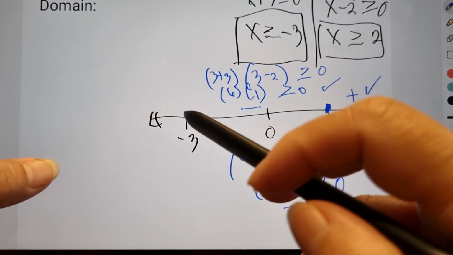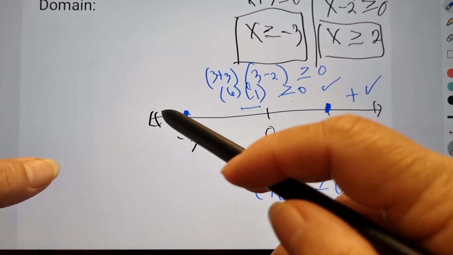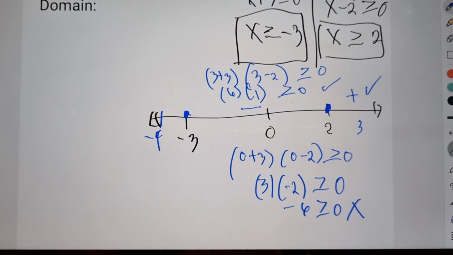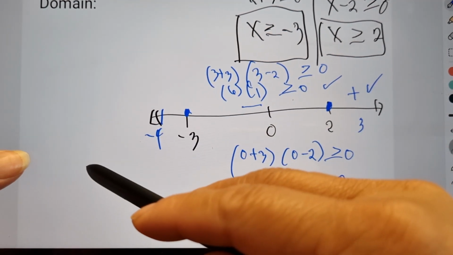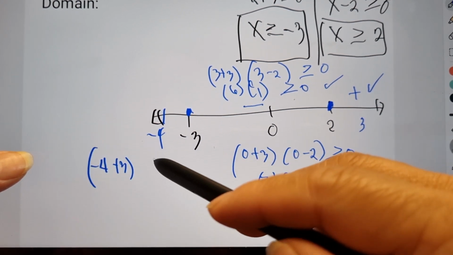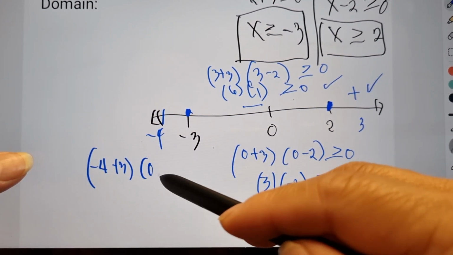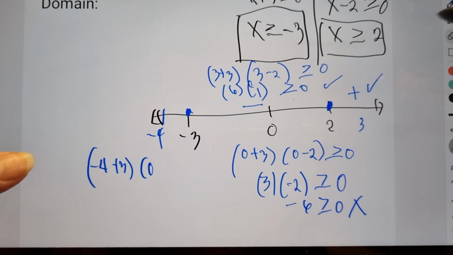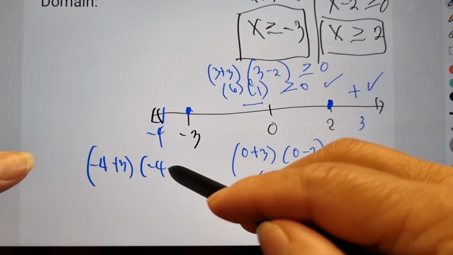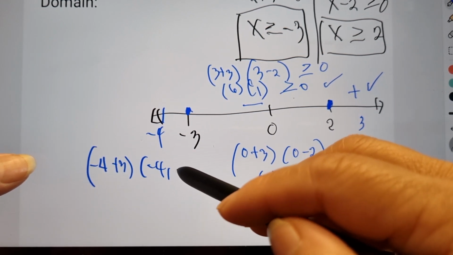Now, itatry naman natin dito sa side na to. Ano bang pinaka number na pwede natin substitute? Negative 4, di ba? Negative 5. So try natin negative 4. So negative 4 plus 3, and then negative 4 minus 2.